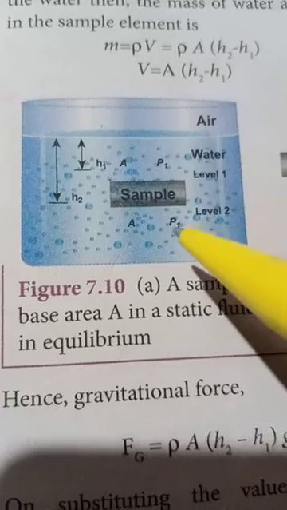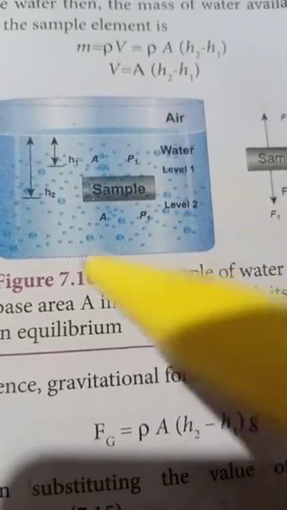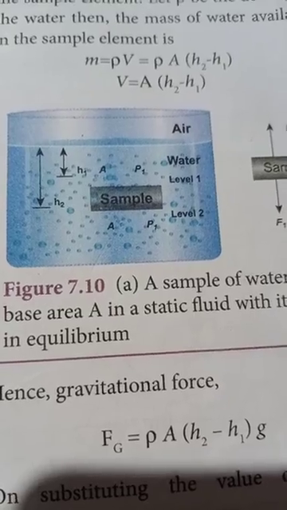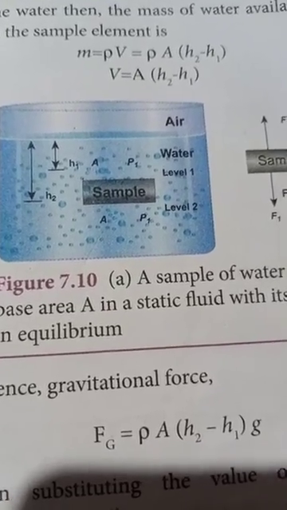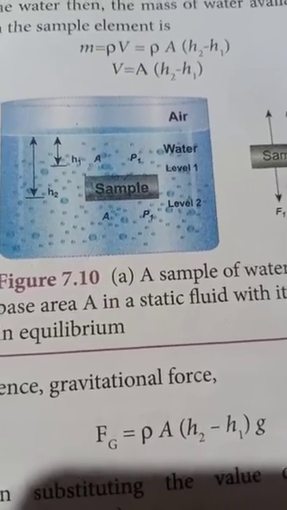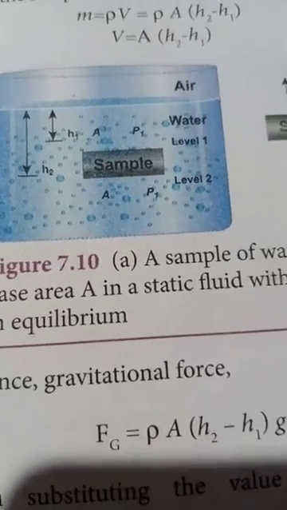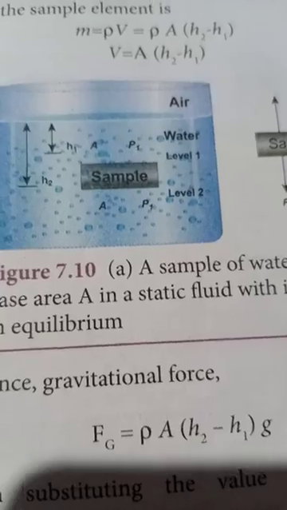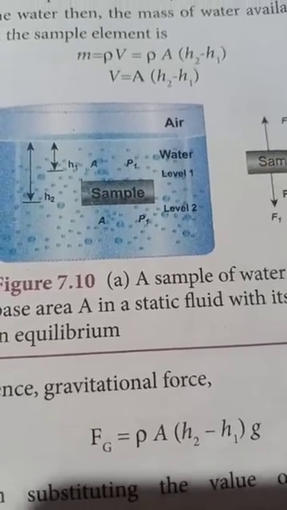It means you can see one diagram here. This is one container, some water is there, and inside this container we are keeping an object, a sample. This sample is kept at rest, and for this we are finding the pressure.